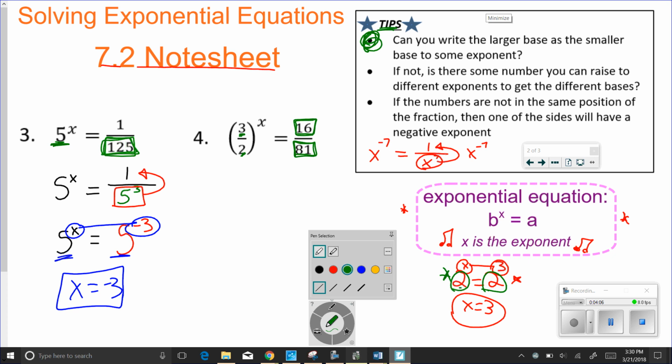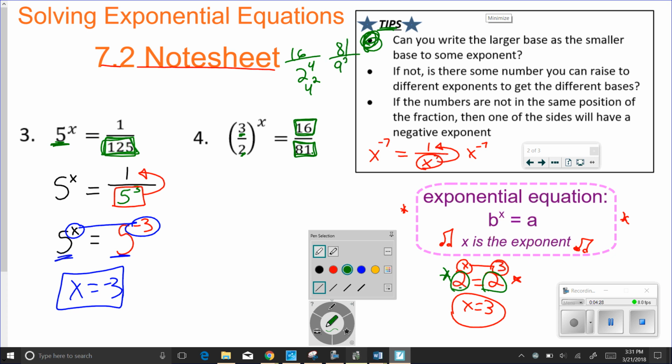Looking at my list of bases with exponents, I see that 16 shows up on a couple different lists. 16 is 2 to the power of 4. It's also 4 to the power of 2. 81 shows up on a couple of lists too.